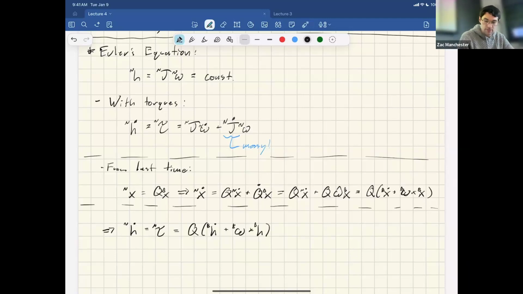If I take this and left multiply everything by Q transpose, that's going to get rid of this Q, and it's going to put that torque now in the body frame. So now we can rewrite the entire thing in the body frame, which is what we're after. So this is what you get now.